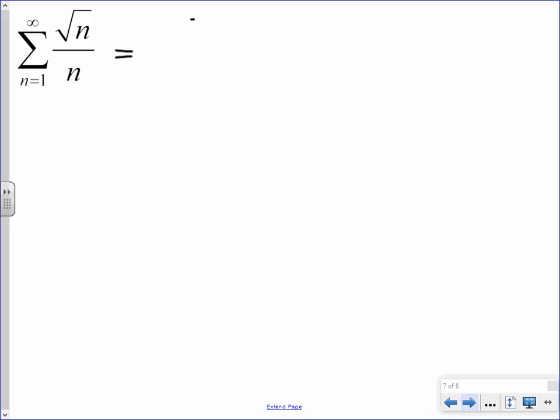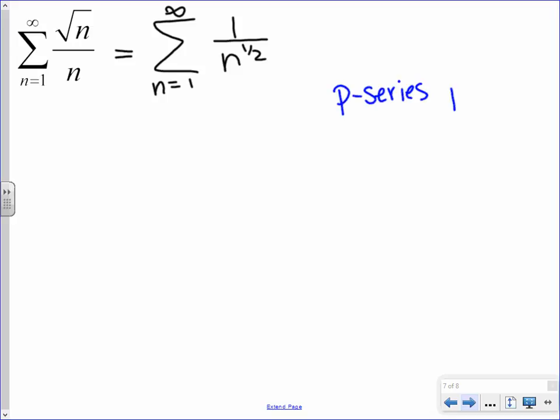We can rewrite this as the sum from n equals 1 to infinity of 1 over n to the 1/2. Do you agree? I'm not always going to give you just a simple p-series. You may have to simplify something in order to see that it is a p-series. So now we have a p-series where p is less than 1, which means it diverges.